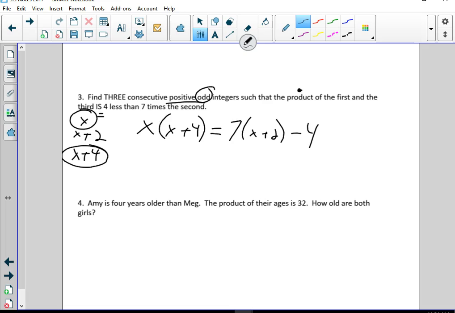A lot of people want to put 4 minus something. 4 less than means you're comparing it back to something previous. So 4 less than 7 times the second number. There's my second one, x plus 2. Now let's do the math. Distribute: x squared plus 4x equals 7x plus 14 minus 4.